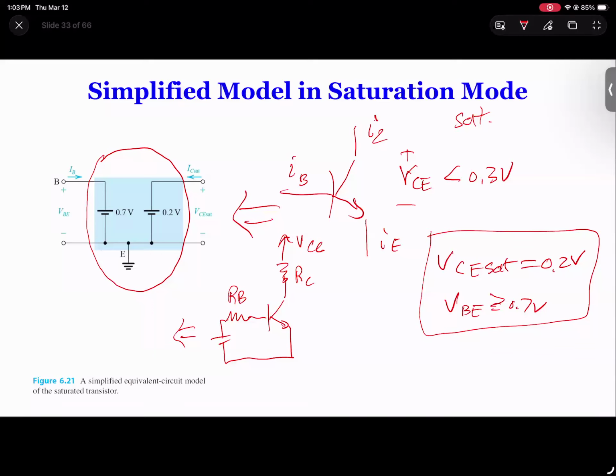So if I have a circuit, just simply like this one, I can simply replace that with a model of the BJT.